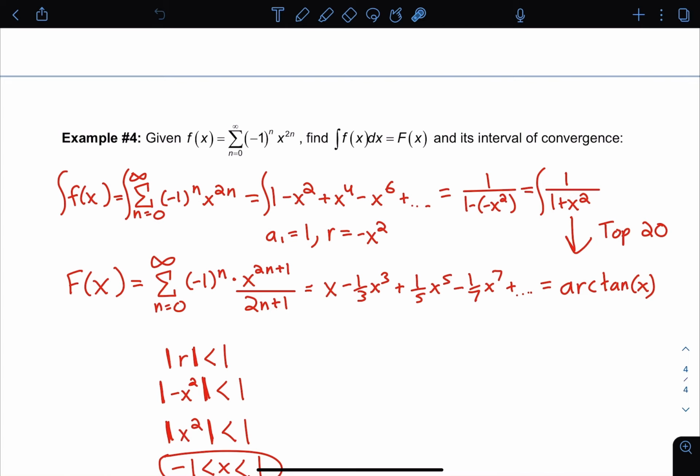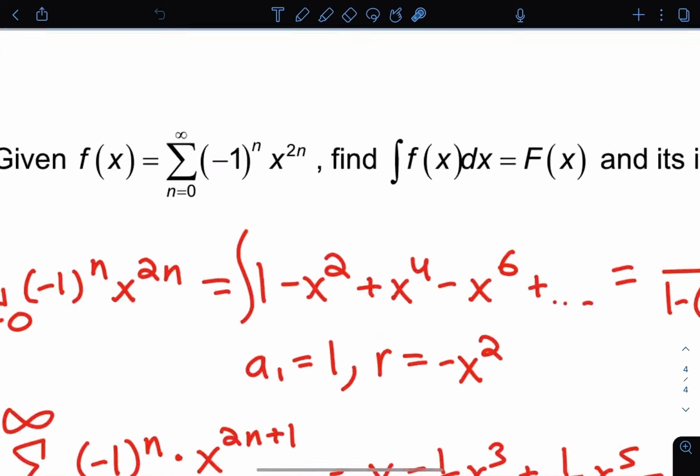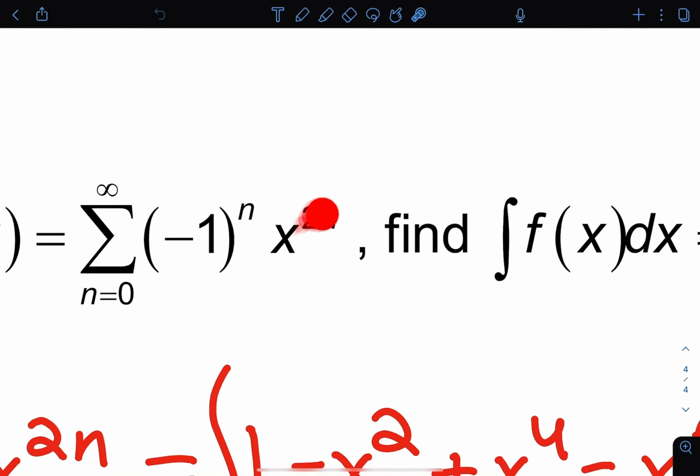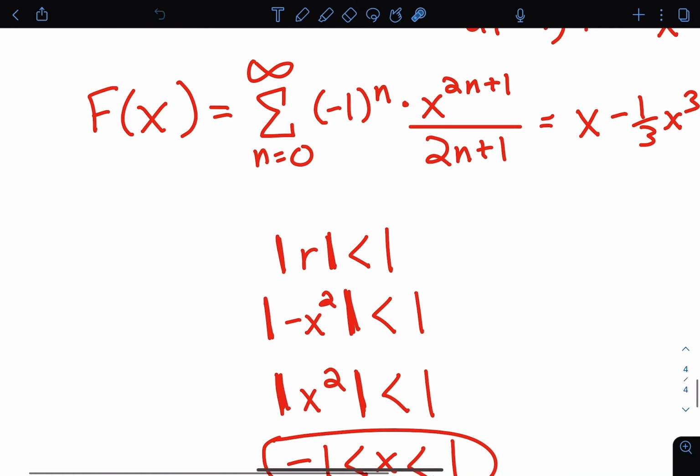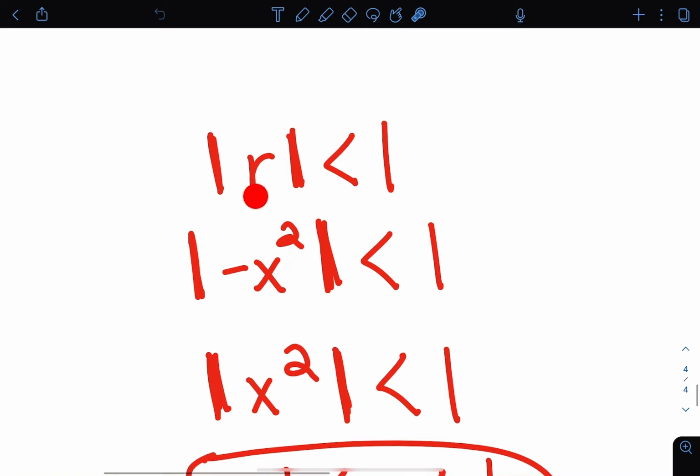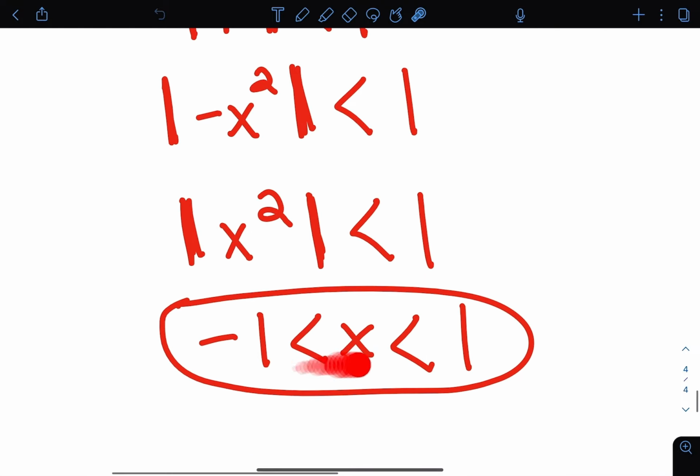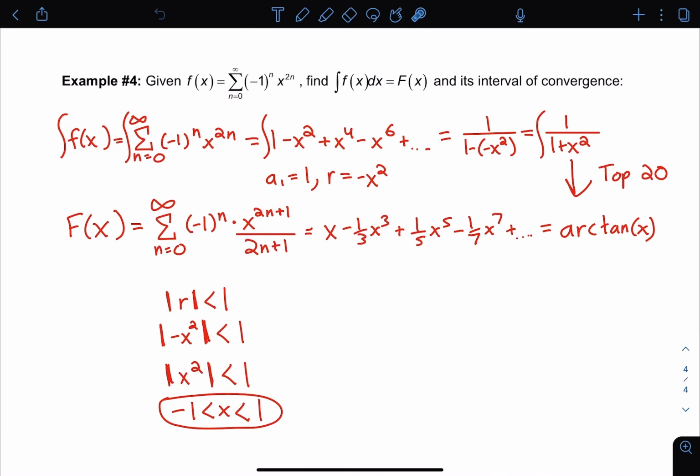And so, let's go back to interval of convergence for a moment, okay? So x to the 2n, for f of x, that's going to be r, right? Because we're just multiplying x squareds, well, technically negative x squareds, but the absolute value gets rid of the negative, right? And so x squared has to be less than 1, the absolute value of that, so that's just going to be between negative 1 and 1, okay?